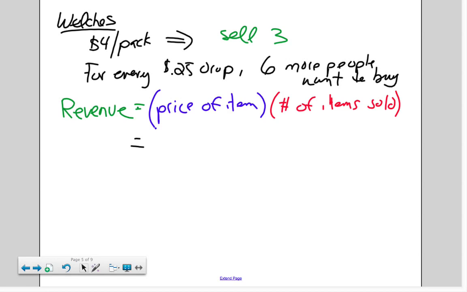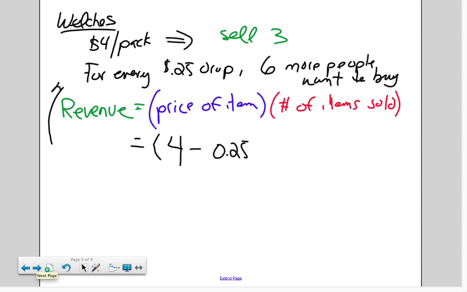So here the price of an item is how much? It's $4, or really $4 minus 0.25. Oh, I've got to declare my variable. Let me do that up here.